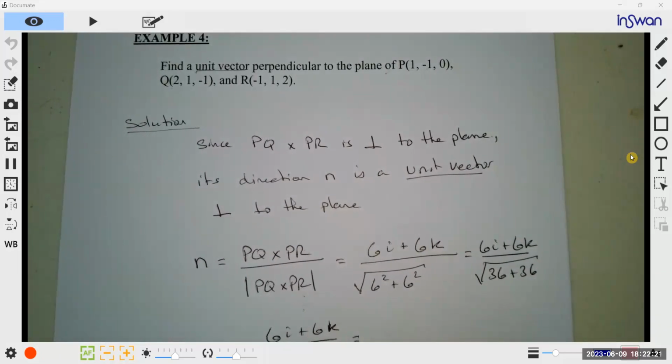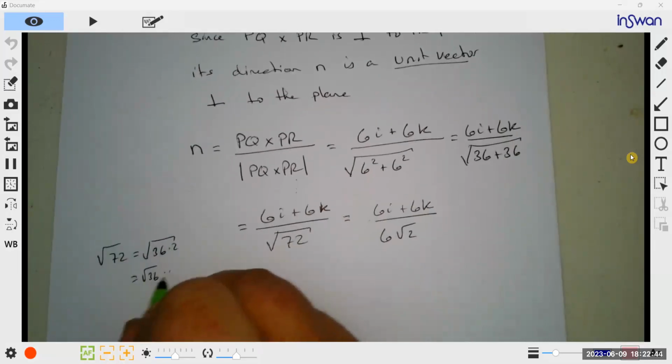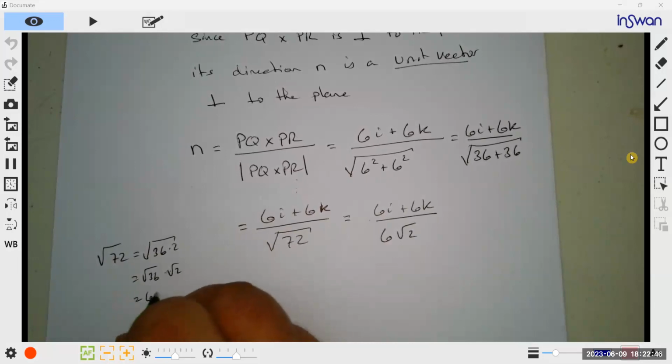Square root of 72 is 36 times 2, so the square root of 36 times the square root of 2, which is 6 square root of 2.